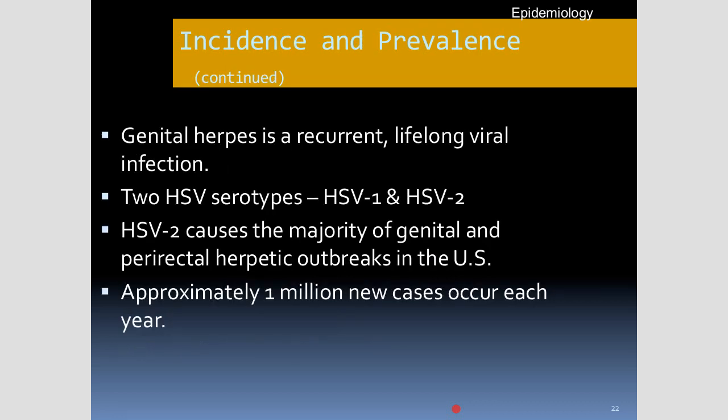Now, continuing with the incidence, genital herpes especially is recurrent and lifelong. So if your partner has it, he has it, or she has it, and they're going to pass it on over and over and over again. It's just like what I've seen with STDs.